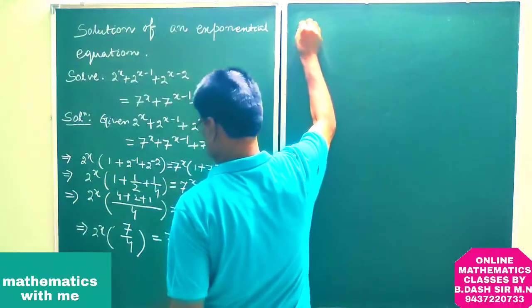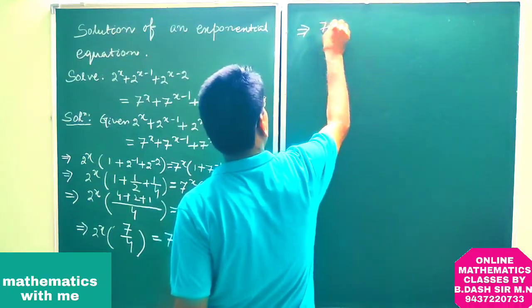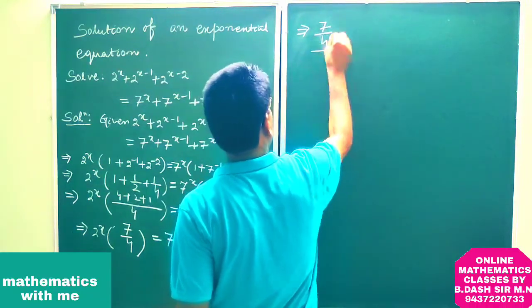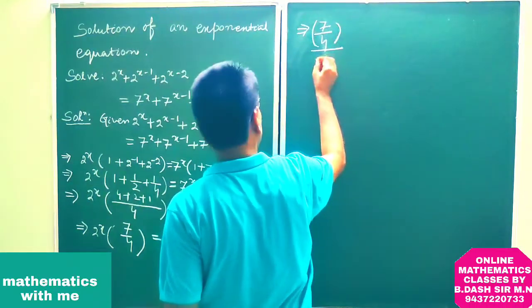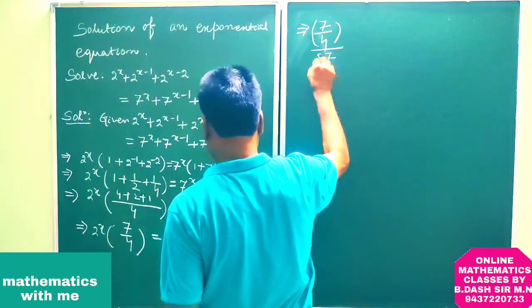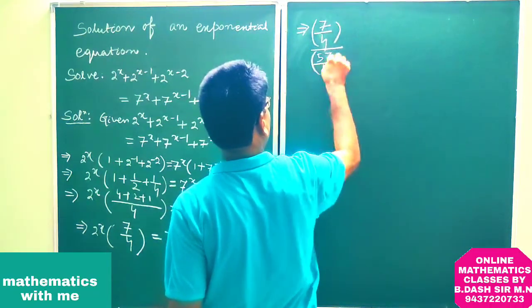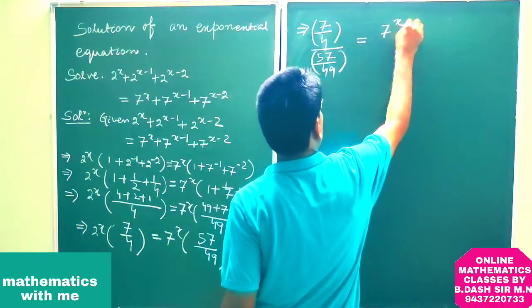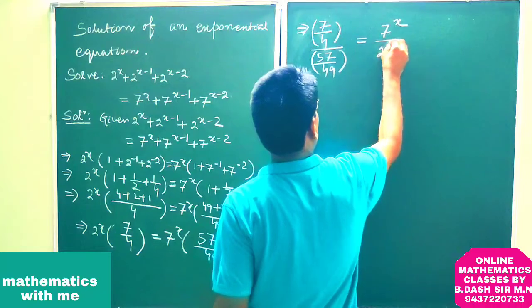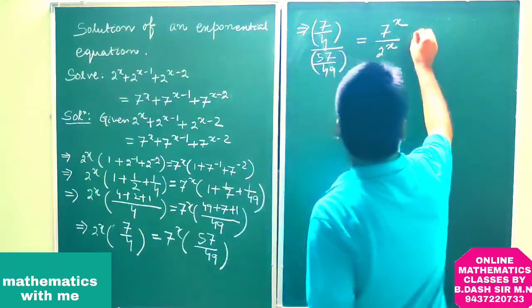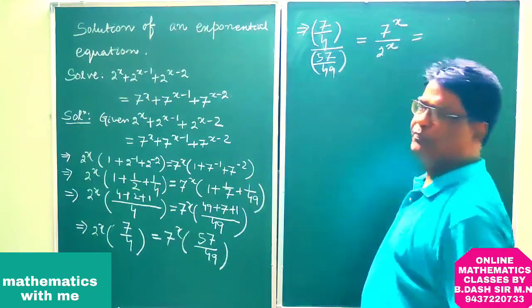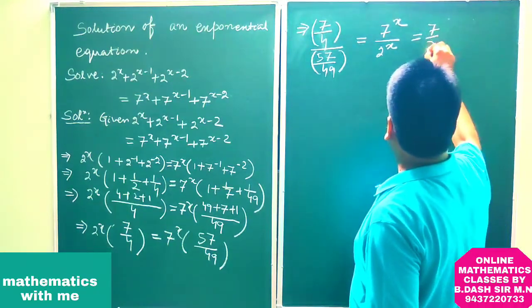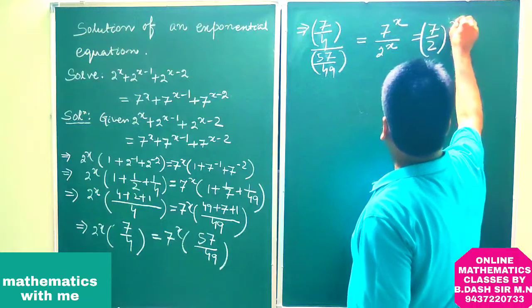This implies 7/4 divided by 57/49 is equal to 7^x divided by 2^x, which is equal to (7/2)^x.